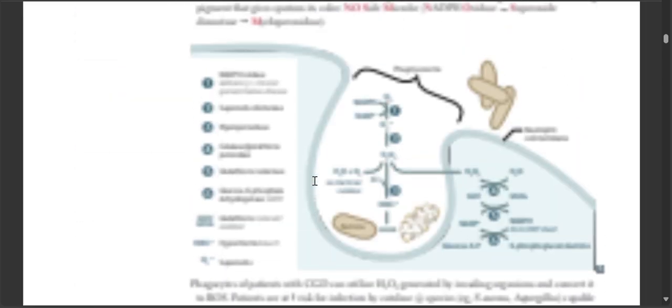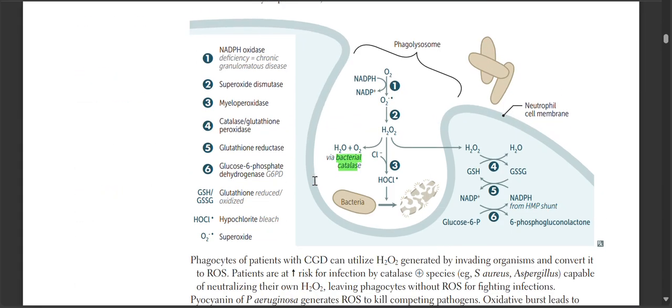Anyway, there are two tests that you can do. One is called the nitroblue tetrazolium test, and the other one is called the dihydrorhodamine test. These are two tests that you can do to confirm if the patient has chronic granulomatous disease.